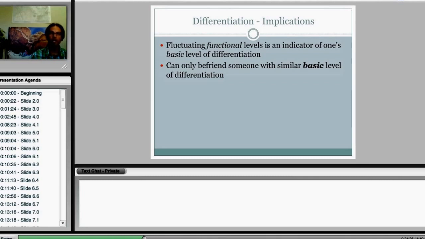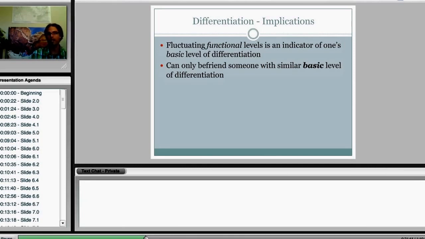And so we'll talk about what this really means. But for this moment, I just want you to understand that we cannot really have lasting relationships with people who have a significantly different level of basic differentiation, because the needs are so different. We will not be able to satisfy them in each other.